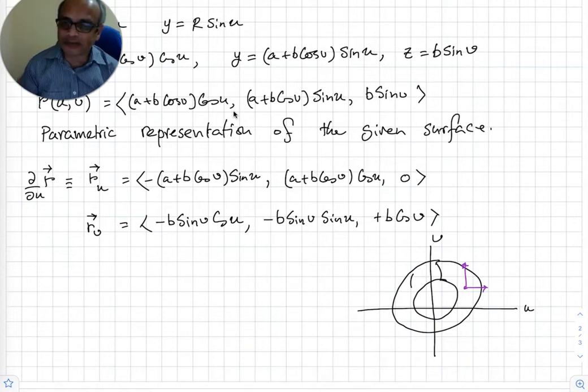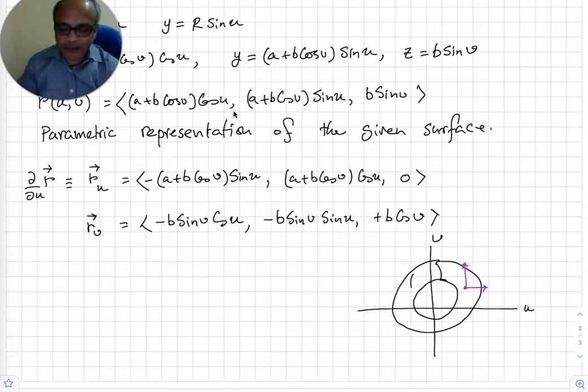You know that the cross product is orthogonal to the original two vectors. So the cross product will be orthogonal to Ru and orthogonal to Rv at this point. Because Ru and Rv are tangent at that local point, the cross product will be a normal.